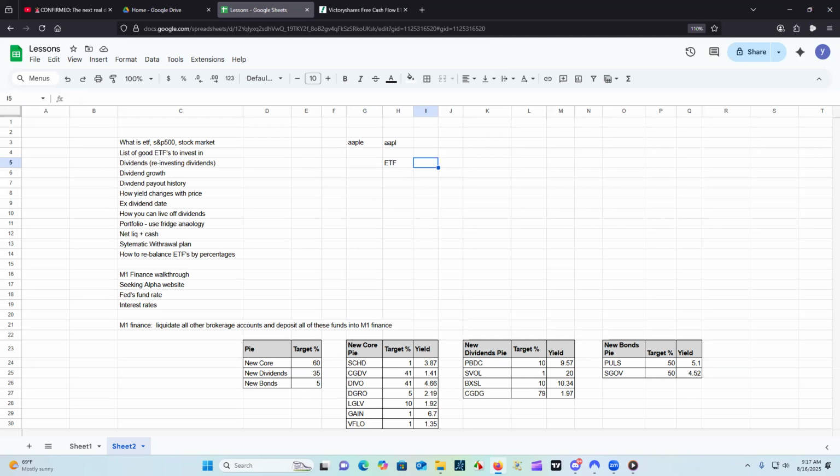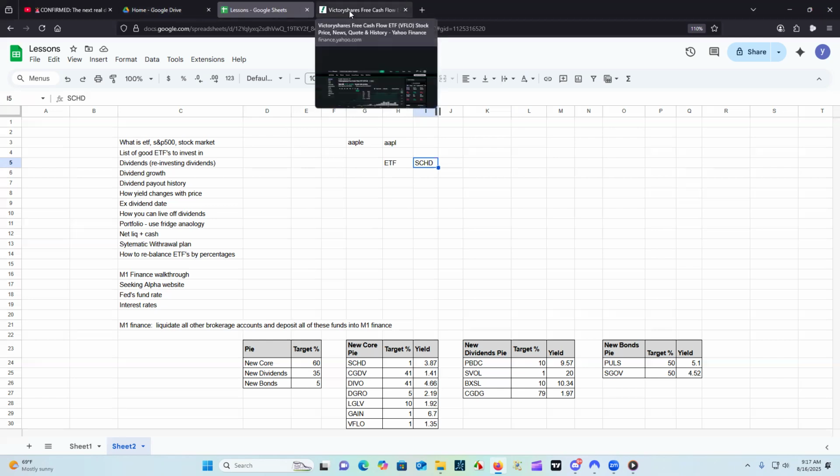So an ETF, for example, is a fund that puts a lot of stocks into it. SCHD is an ETF that holds a bunch of different companies.